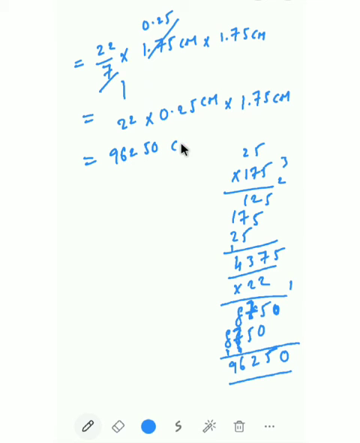So we get 96250 centimeter square, and we have decimal points 1 2 3 4, so take the decimal point after 4 places. The answer is 9.6250 centimeter square, which is the area of each circular button.